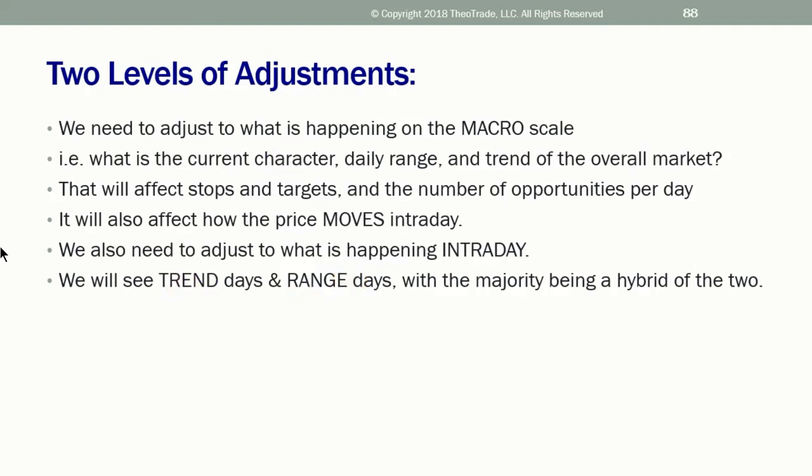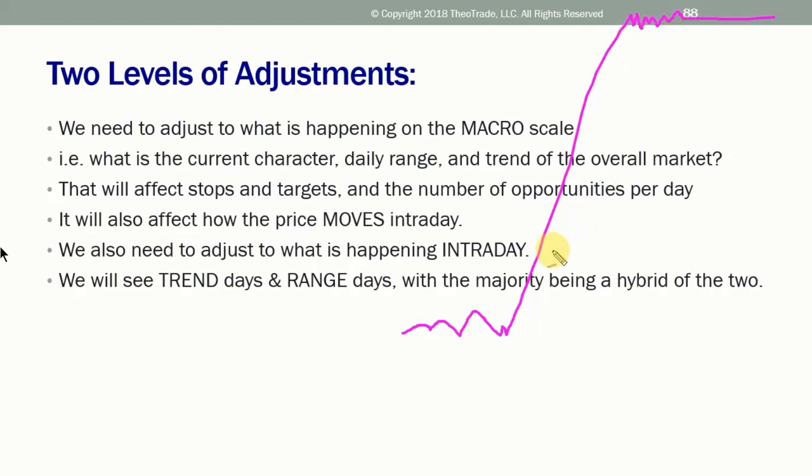Trend days are days where we start out and all of a sudden, boom, we're gone, leaving everybody behind. We'll see these professional gaps, and then the rest of the day is nothing. We used to see this quite a bit in 2016, 2017, where maybe one out of every 20 days we'd see one of these big trend days, and it's just gone.